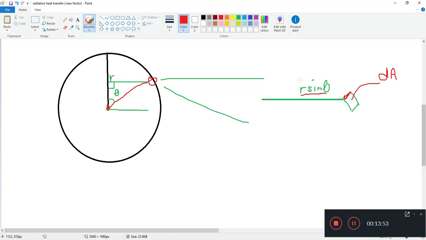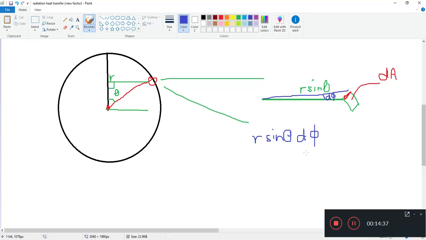We can take this whole length, r sine theta, and multiply by this angle, which is d phi. So the arc length here is r sine theta d phi.